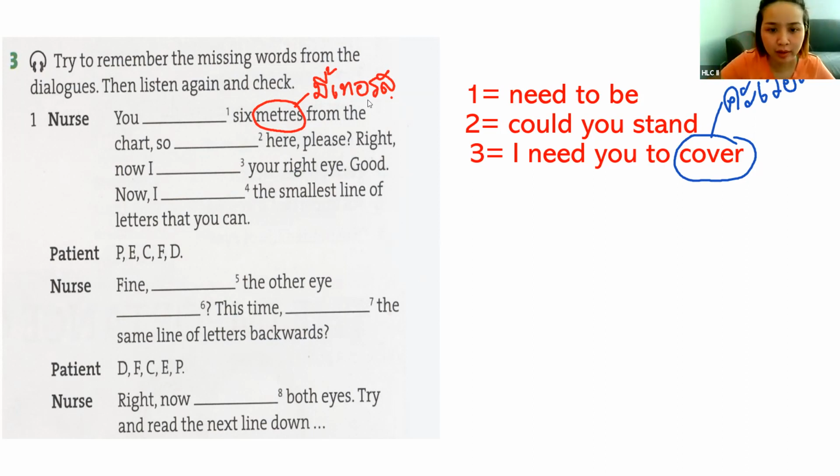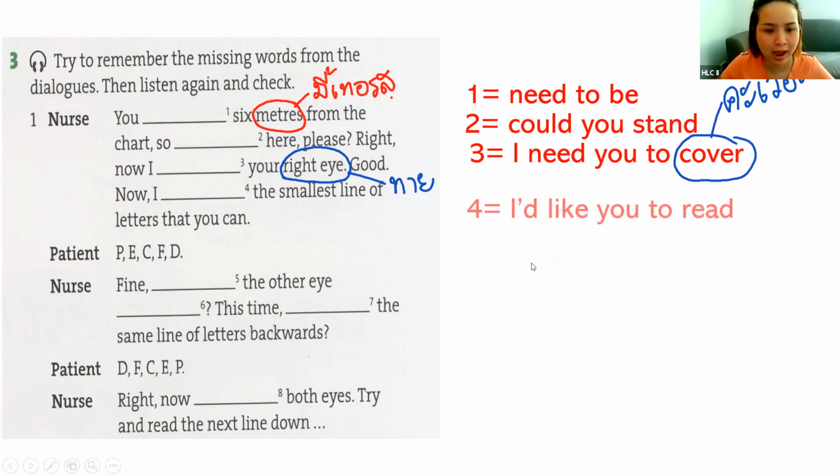Cover your right eye. Again here, when you listen carefully you will hear they link the sound together and it sounds like right eye, something like tie. Right eye. Good.